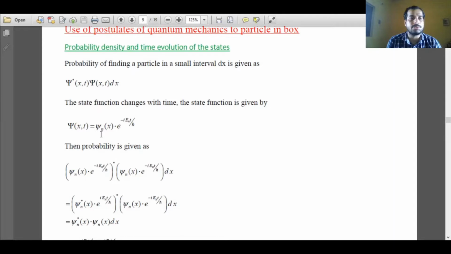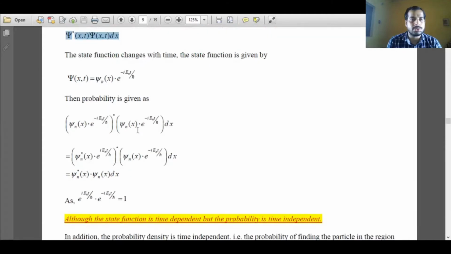If we multiply the spatial part and the temporal part, we get the complete wave function. When this wave function and its complex conjugate are multiplied over a small interval dx, that gives us the probability of finding a particle. Now the probability is given as psi star into psi dx, and psi is a function of both position and time.